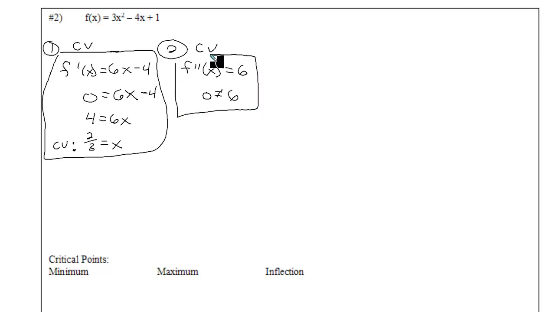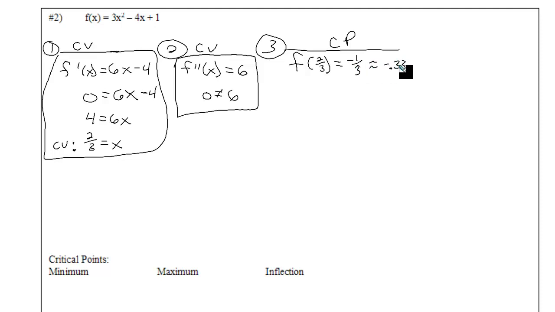Third step, take all your critical values, and this one only has one, plug it into the original function. Original function is f of x, so this would be f of 2/3. Put that into my calculator, it's going to come out to be negative 1/3, or perhaps negative 0.3 repeating.